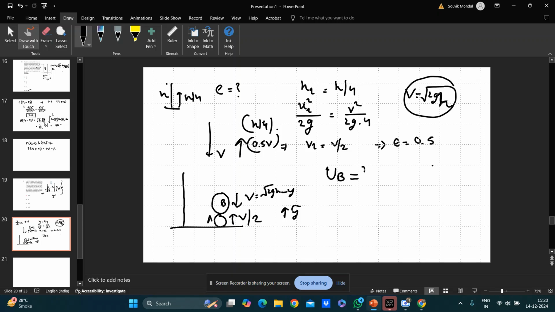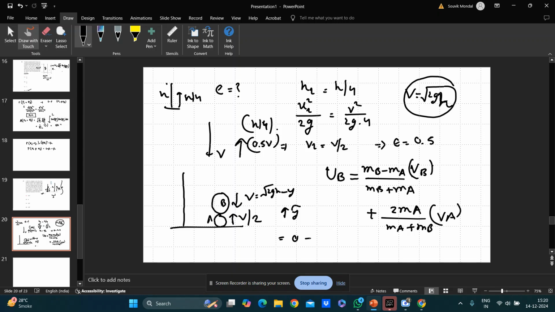UB is (MB minus MA) divided by (MB plus MA) into VB, that is the initial velocity of B, plus 2MA divided by (MA plus MB) into VA, where VA is the initial velocity of ball A. Now MA and MB are equal, so the first term is 0.